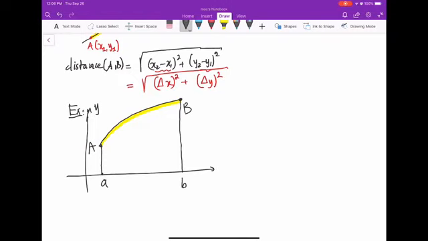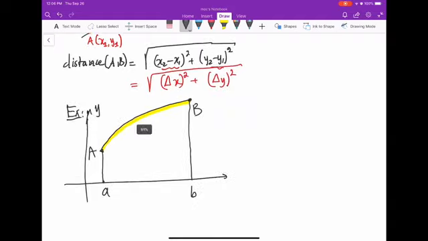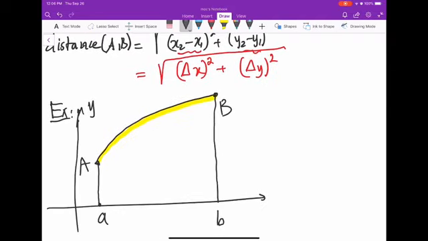In order to find the arc length of this curve, we have to split this curve into small pieces. That is the whole general idea of integration, right? If you split this into small pieces, I have a small piece in here. Let's say this is delta x, and these are A_i and A_(i+1).